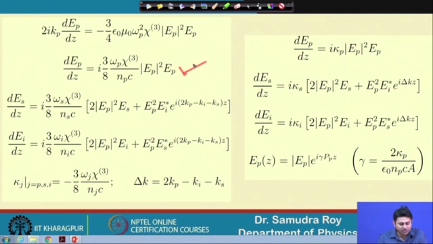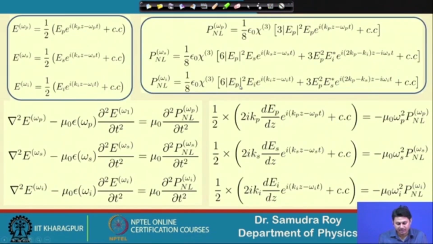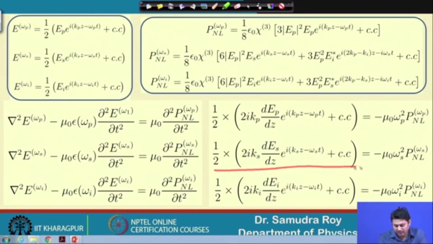What should be the equation of signal and idler? You use the same logic or the same procedure. This is some sort of exercise I want the students to do. I will use these two equations where P nonlinear of omega s and P nonlinear of omega i are given.